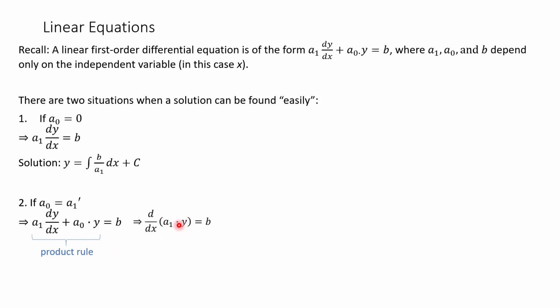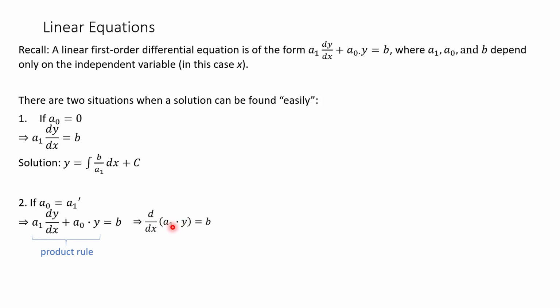So I'll start from the back here and go to where we were just at so you can see it. So if I told you to take the derivative of a product, a sub 1 times y, you would use your product rule. You would say the derivative of the first term times the second plus the derivative of the second times the first. And so notice what we have.